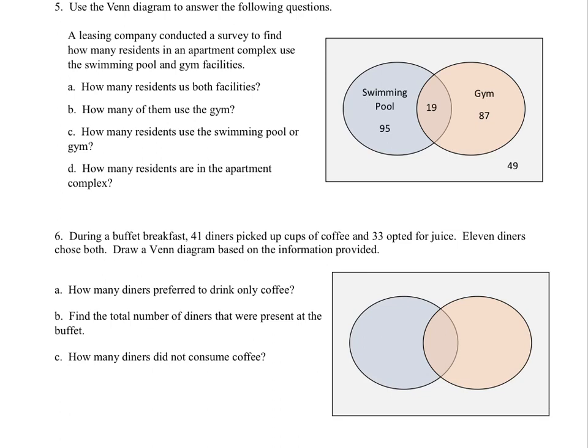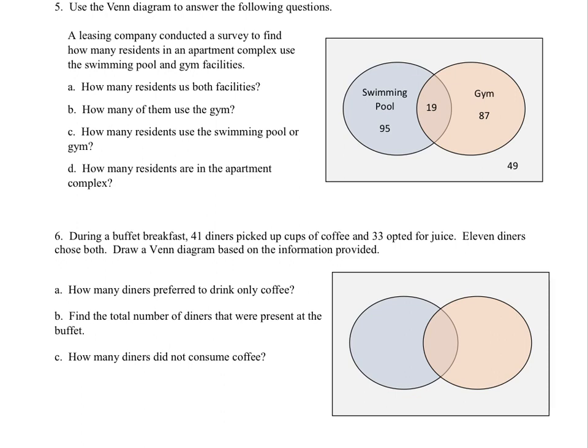All right, use the Venn diagram to answer the following questions. A leasing company conducted a survey to find how many residents in an apartment complex use the swimming pool and gym facilities. Okay, so the first question is, how many people use both facilities?